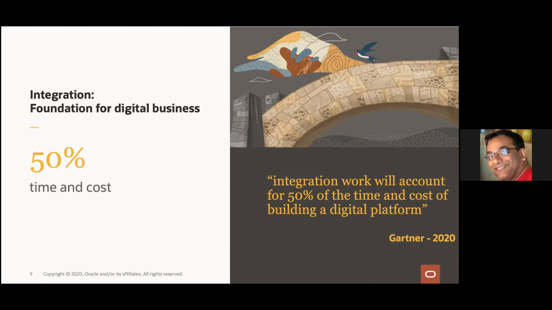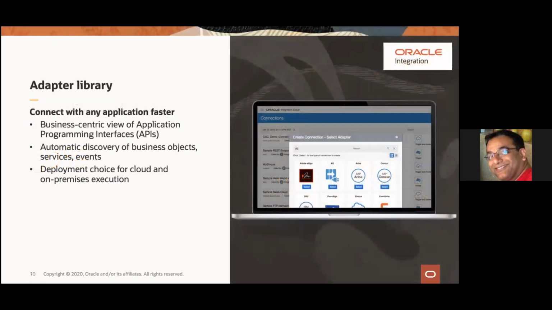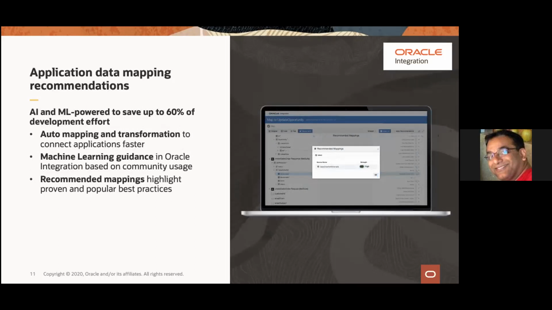And that's where we bring a very rich adapter library that covers multiple technologies, multiple SaaS, multiple on-prem applications, and data sources. It makes it quick for you to create any sort of integration. And not just that, but you can also do application data mapping.